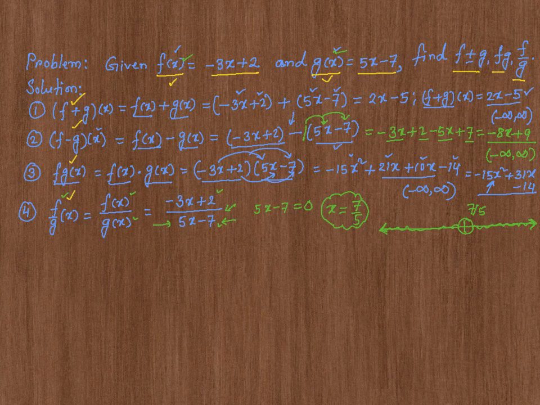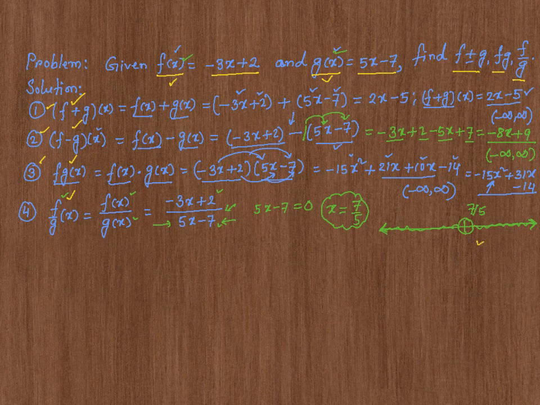And we needed to be careful about the new domain of the new function that we get. In our particular example, the new domain is the same as the original domains for addition, subtraction, and multiplication. However, for division, that is not the case.